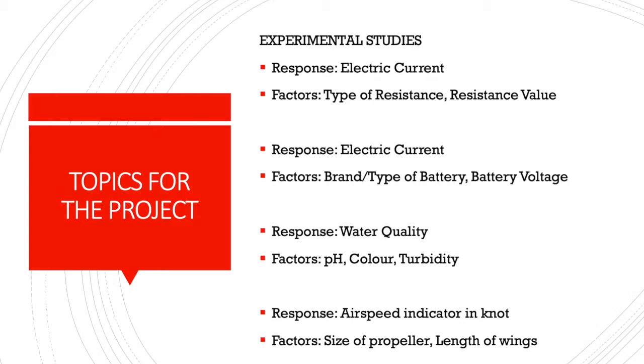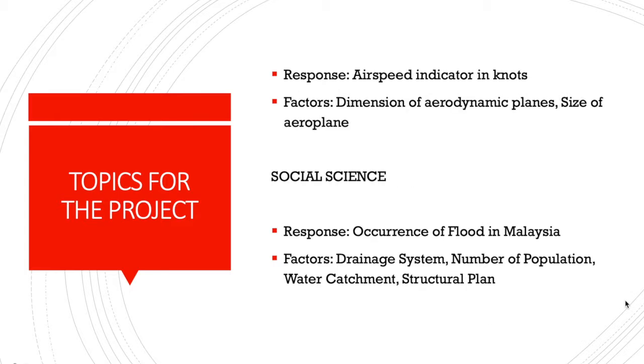The factors are pH, color, and turbidity. The fourth one: the response is the airspeed indicator in knots, and the factors are size of propeller and length of wings. The last one: the response is the airspeed indicator in knots, and the factors are dimensions of aerodynamic planes and size of aeroplanes.